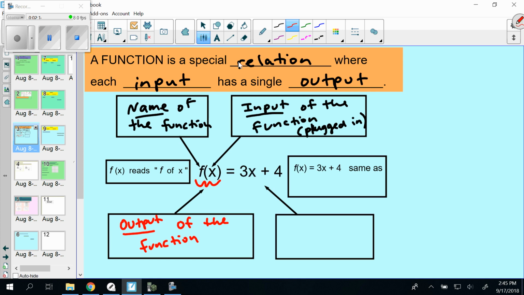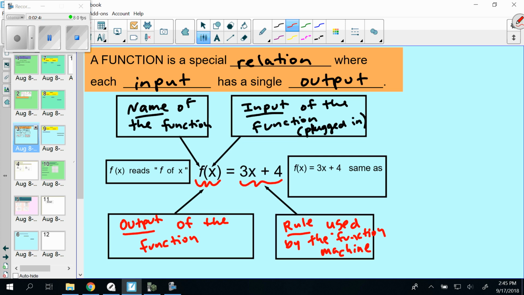And then what comes after the f of x, what it's set equal to, that's the rule used by the function. I'm going to call it for right now the function machine, as we'll see in a little bit. Basically it's going to take your x value and do something to it.